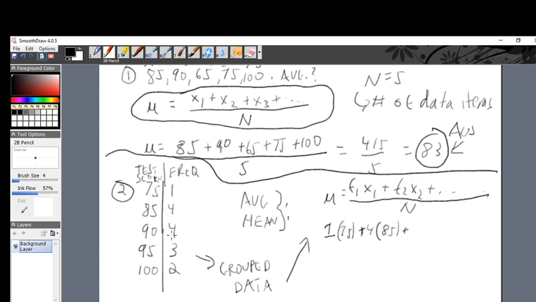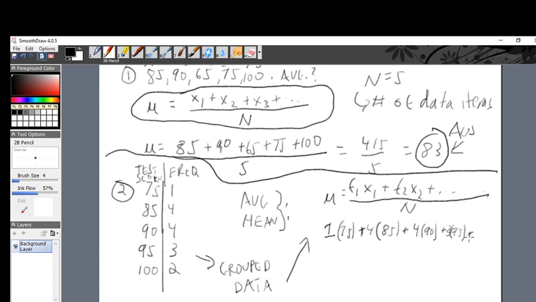Plus, what's the frequency of the third data item? It's 90. It's going to be 4, the frequency of the third data item, times the data item. The frequency of the fourth data item, which is 3, times the data item, 95.